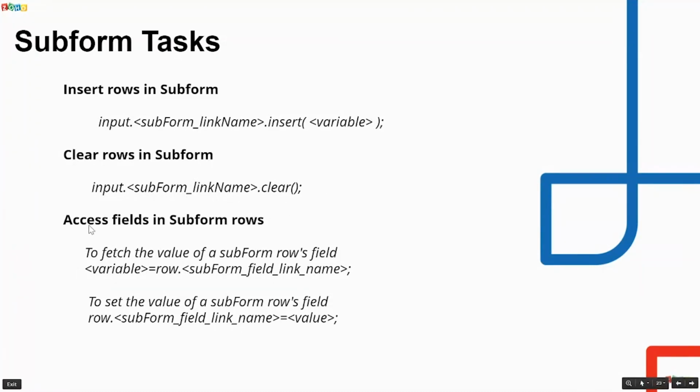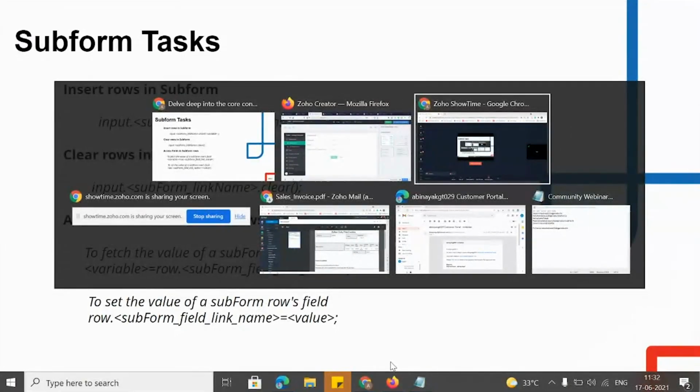And for accessing fields in the subform, you can fetch the values from the subform rows, and you can also set the values into the subform, right? So here is the syntax for that. And now we will get into an illustration of inserting rows into the subform. So let me get into the application now, the demonstration part.